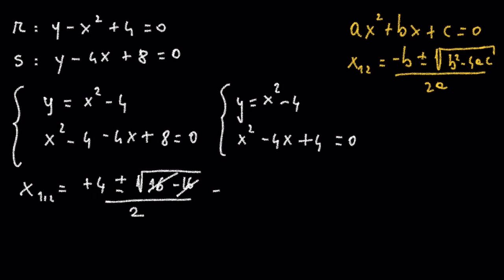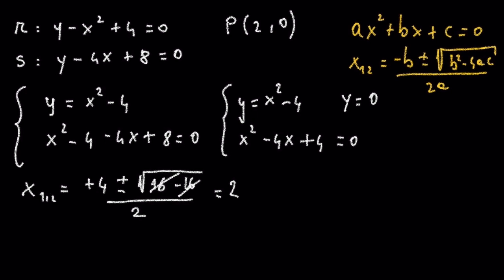So we have a single solution in this case, which is 2. So this way we found that our intersection point has coordinates 2 and 0.